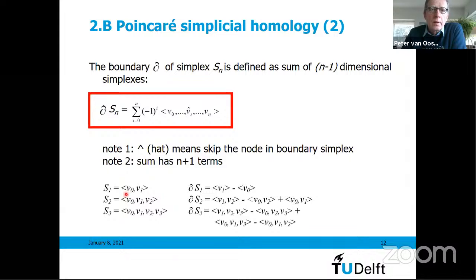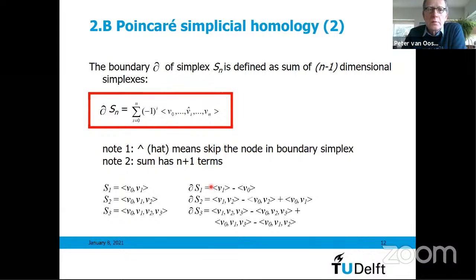S1 has two elements. When i is 0, I omit V0, so I just have V1, and the sign is positive because -1 to the power 0 is 1.